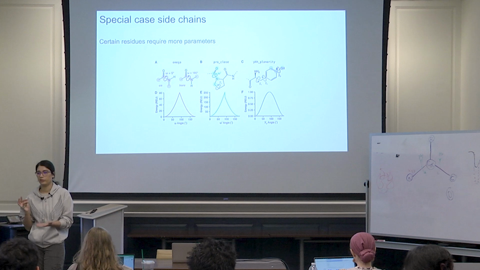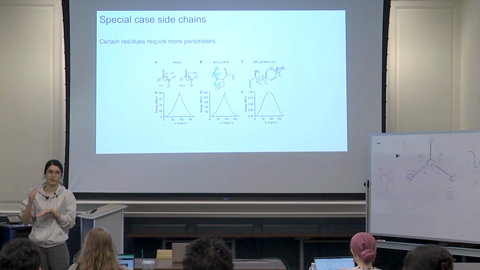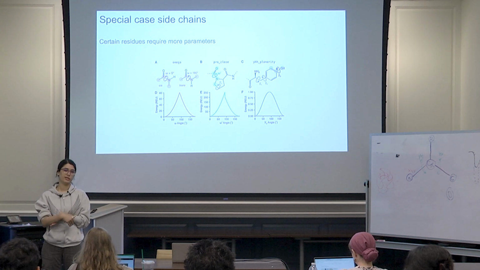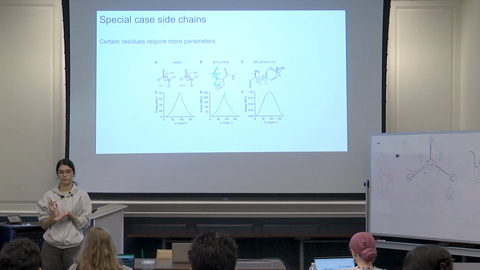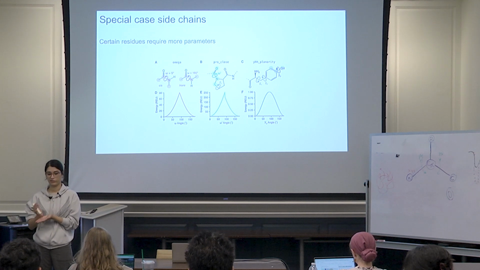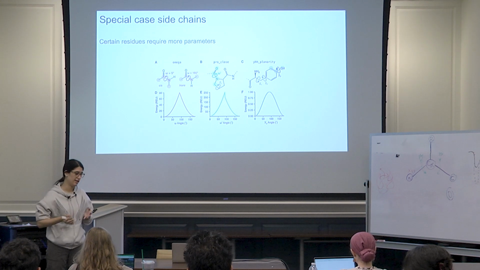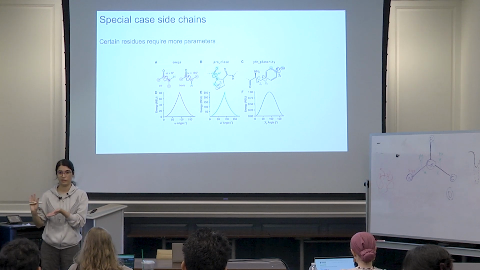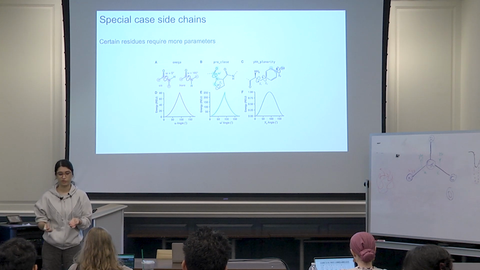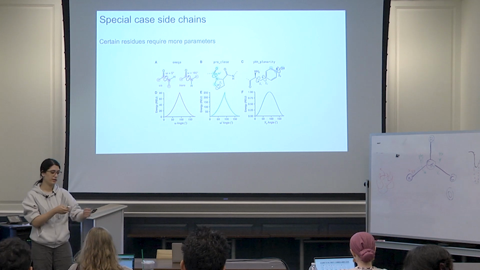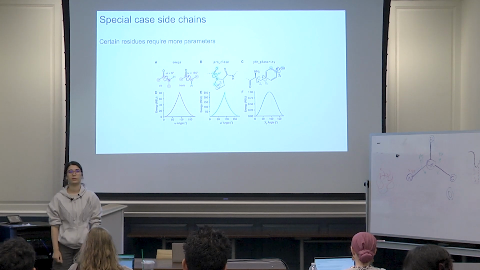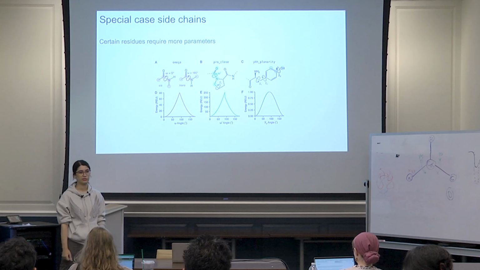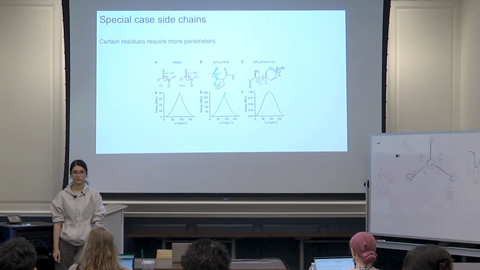So the proline sidechain essentially makes a ring with the backbone. And so the proline sidechain is different in that it can't be treated independently from the backbone as you would with the other residues. And so it also changes what we can design for certain secondary structure regions.